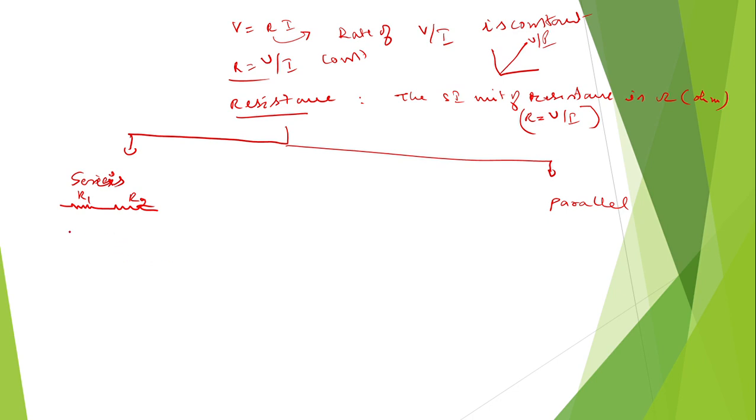What is the condition here? Current is the same throughout the circuit. That means I is equal to I. Current is the same, no difference.